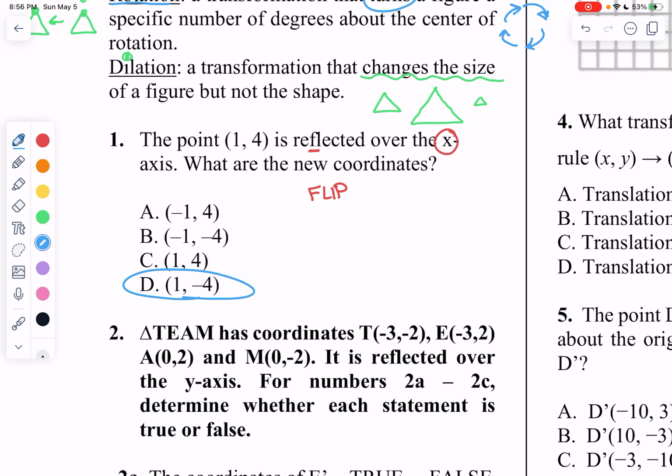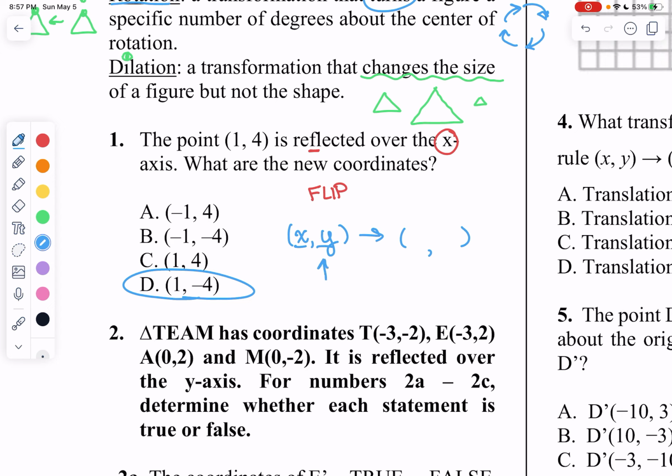And the last thing I want to talk about is what is the rule for reflections, okay? We talked about rules looking like this. When I have an X and a Y, what happens to the values of my X and my Y when I reflect it? So we said in class that when I reflect something over the X-axis, the Y changes and becomes the opposite.